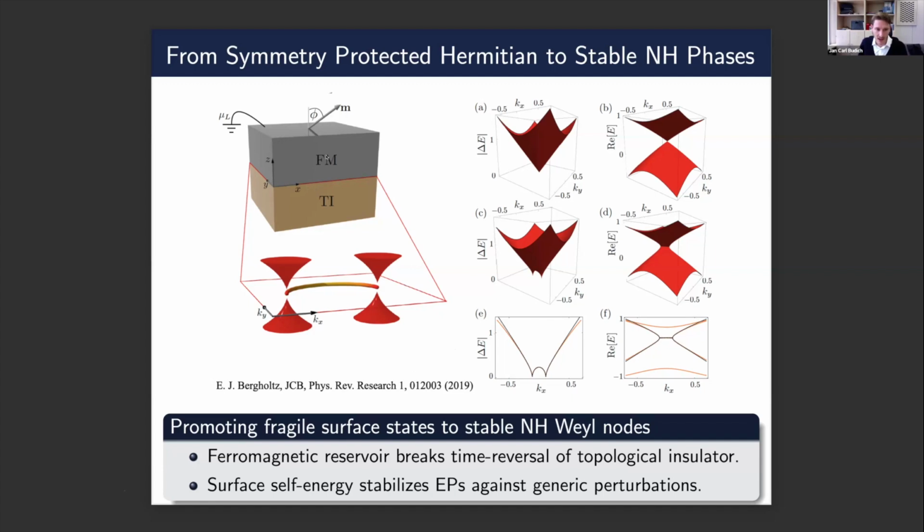Without the magnetic perturbation, we have the Weyl surface states, which are, however, fine-tuned or symmetry protected, if you like. And then we can override this to get a splitting into a pair of exceptional points with this characteristic square root dispersion here. And this will then no longer rely on symmetry.